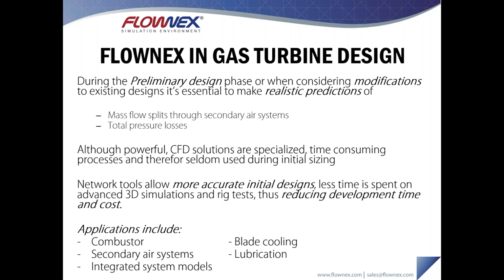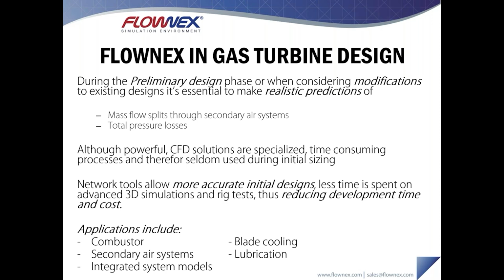Applications of the software in the gas turbine industry include combustor analysis, predicting liner wall temperatures inside of combustors to work on cooling airflow distribution. Blade cooling modeling, where we model the internal flows inside of the turbine blades, looking at the internal heat transfer over the turbulators and throughout all of the components inside of a turbine blade.